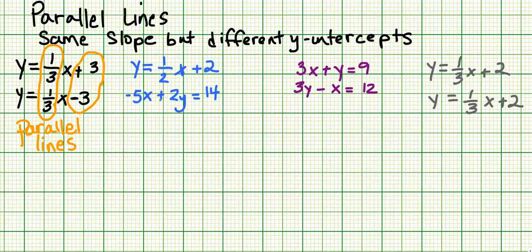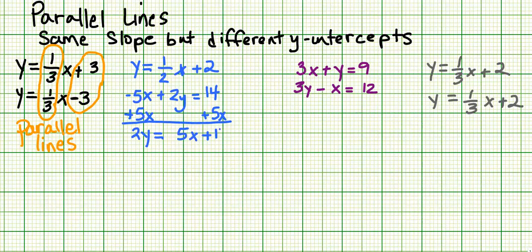So before we can determine whether or not these two lines have the same slope, this equation has to look like the first one, and we need to get y alone. So in order to get y alone, I have to manipulate these equations and move things around. I'm going to add 5x to both sides. Now I can't really add 5x to 14 because those are not like terms. They're not the same. I have 5x plus 14.